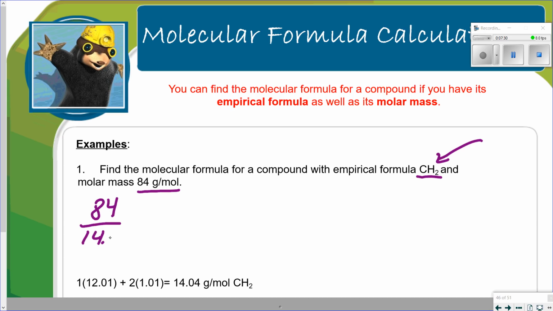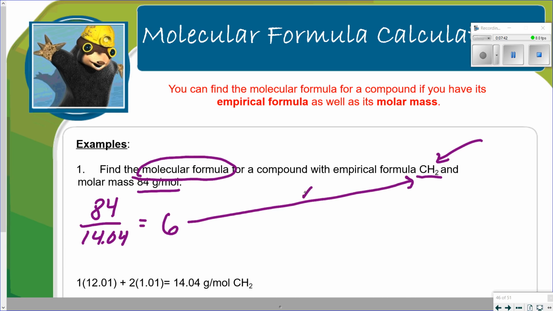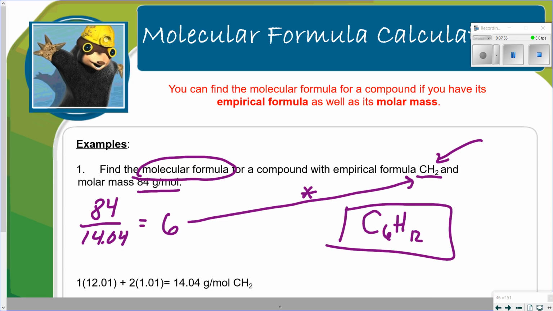And so we're going to divide that. And this should be a nice whole number ratio. 84 divided by 14.04 is 6. 6 isn't your answer. Your answer is going to be a molecular formula. So what you do is take that 6 and multiply it to all the subscripts of your empirical. So that's going to be C6H12. And that would be your molecular formula.